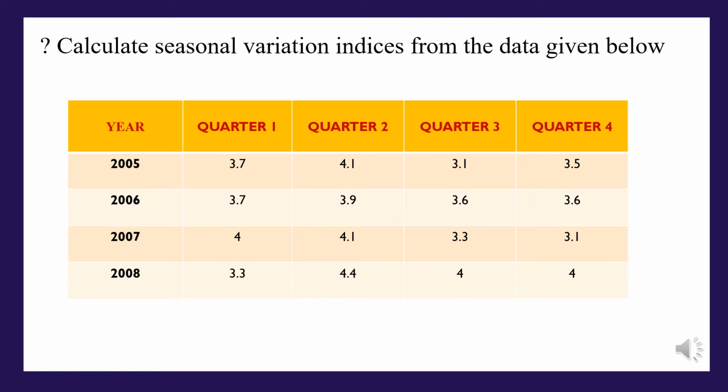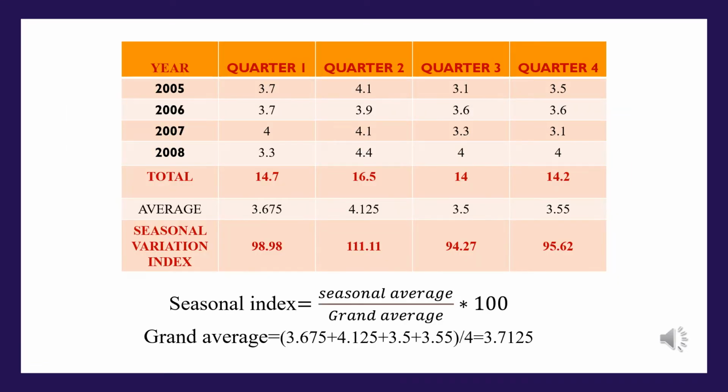Next, we are considering a problem. Calculate the seasonal variation indices from the data given below. So, some years and the quarter values are given. So, the first step is the data are arranged seasonal wise in chronological order. Then we need to calculate the total value of each season.